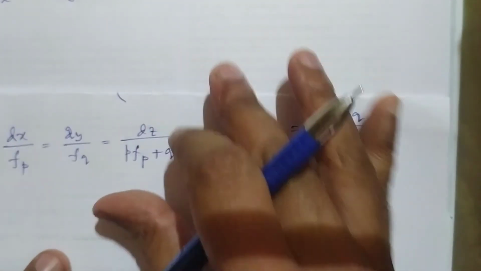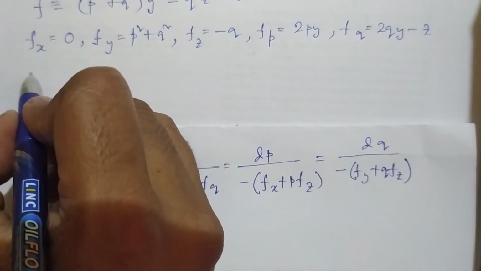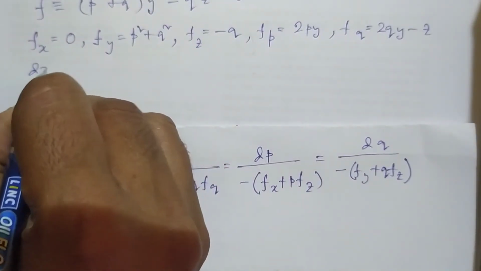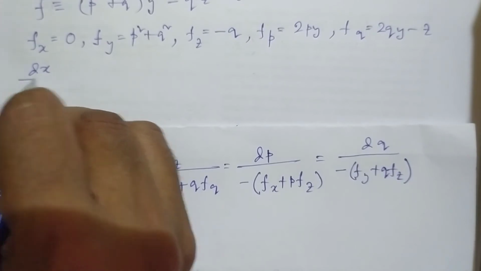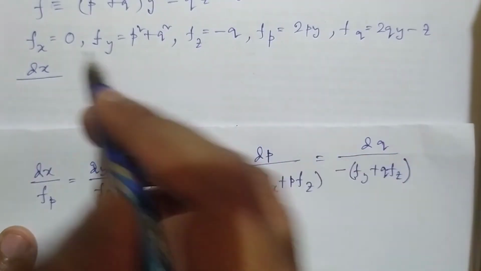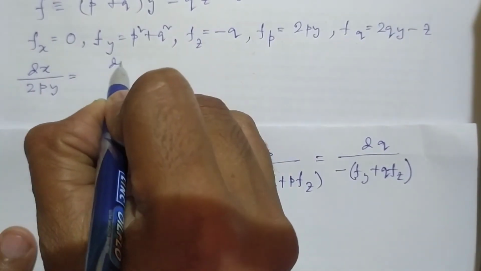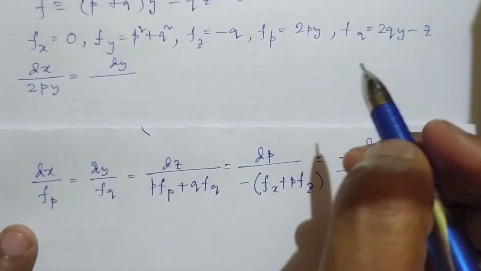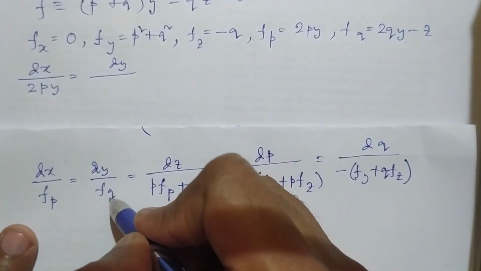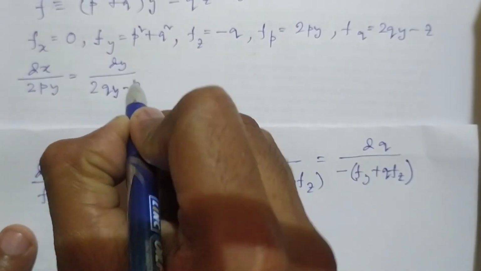Following this, we will write the auxiliary equations: dx over fp, which is 2py, and dy over fq, which is 2qy − z.